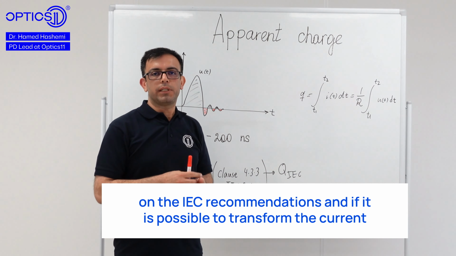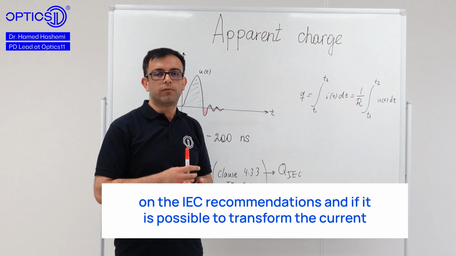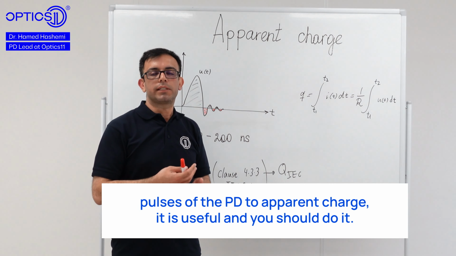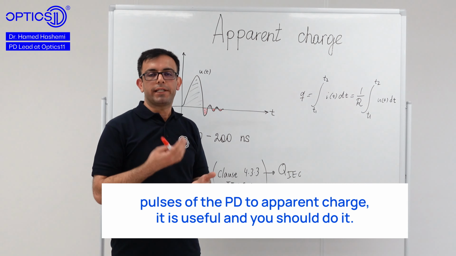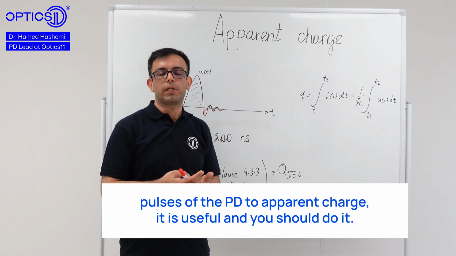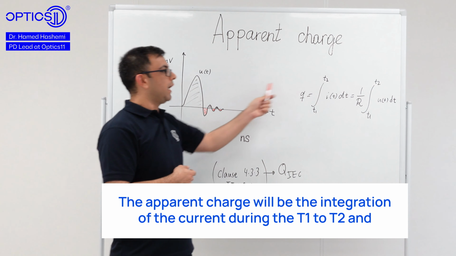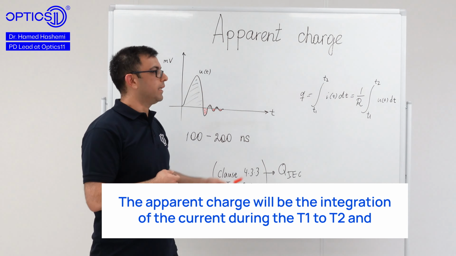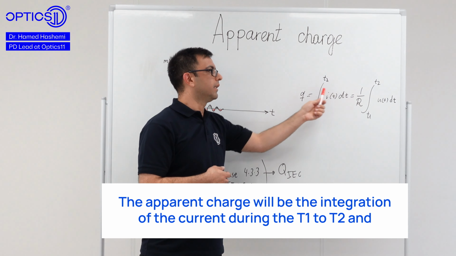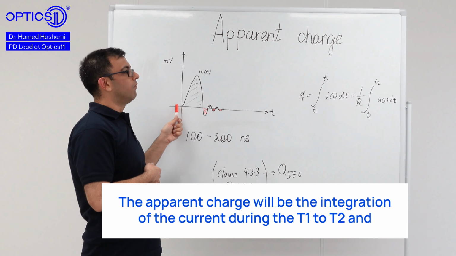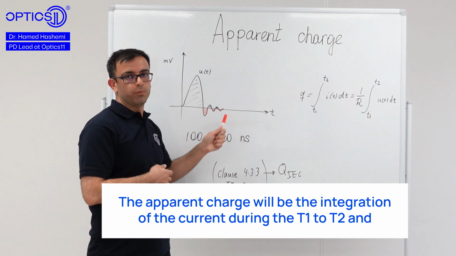If it is possible to transform the current pulses of the PD to apparent charge, it is useful and you should do it. The apparent charge will be the integral of the current from T1 to T2.